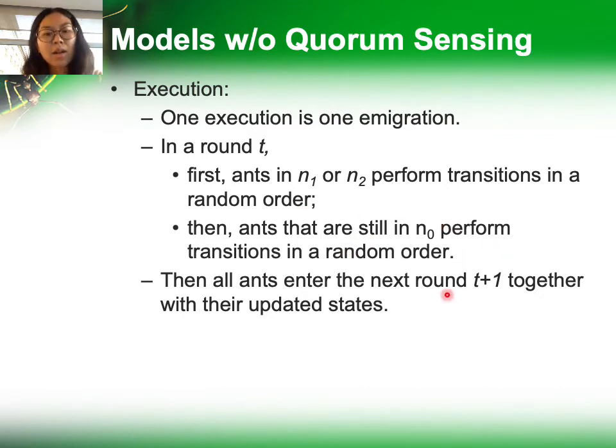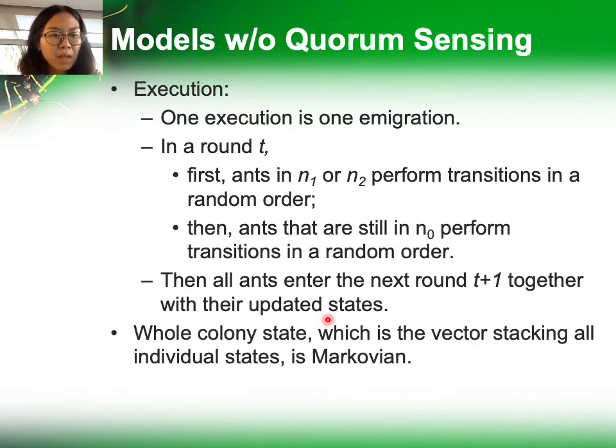These are the ants that are not being recruited and are still staying in N0. This is to enforce that recruitment takes higher priority. Then after that, all the ants enter the next round T+1 together with their updated states. One thing to note is that the whole colony state, which is the vector stacking all individual states, is Markovian.